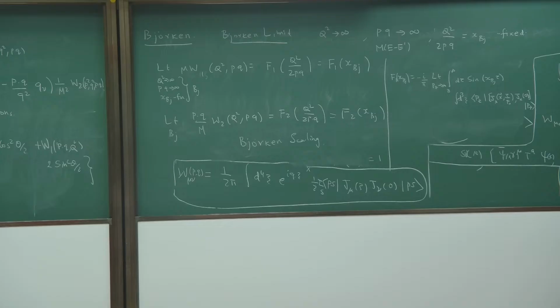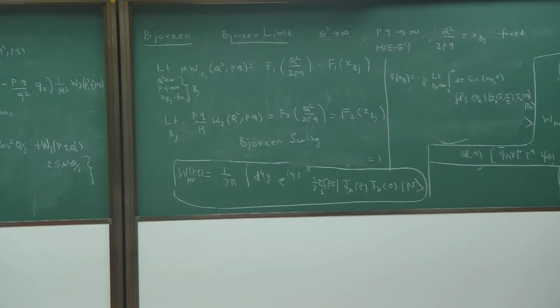They could actually see that they depend neither on p dot q nor q square, but the functions depended only on x_Bj. That was the great success of what Bjorken did actually.